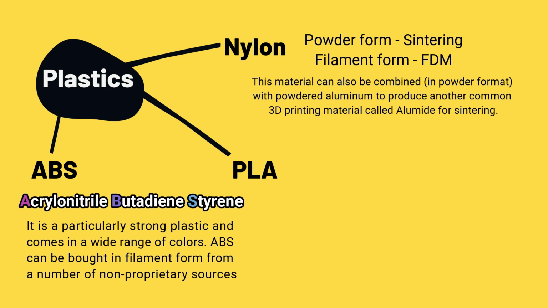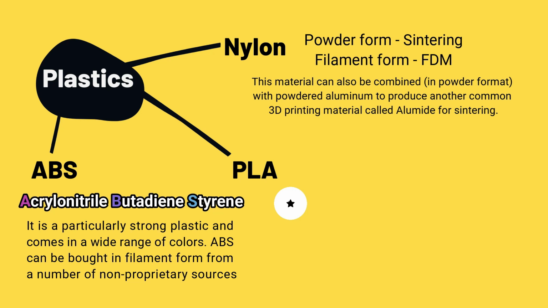It is a particularly strong plastic and comes in a wide range of colors. ABS can be bought in filament form from a number of non-proprietary sources. This made the filament very popular in the market.